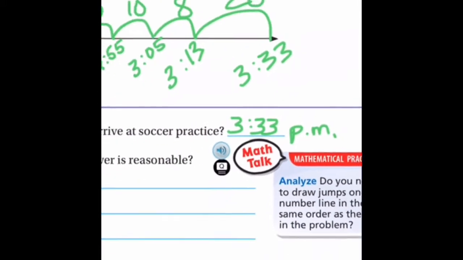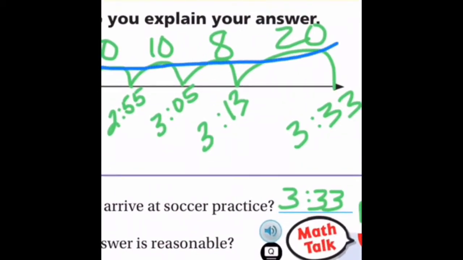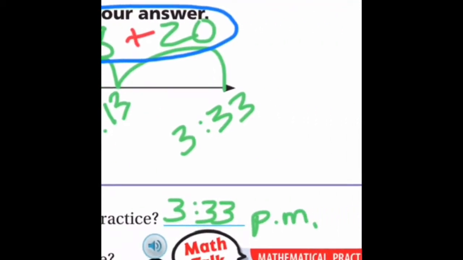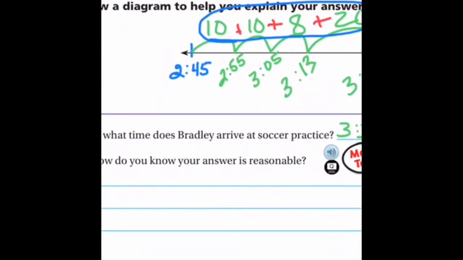Okay, so we know, if we look at all this, it took him this amount of time to get ready from the time he left school. So 10 plus 10 is 20, plus 8 is 28, plus 20 is 48. And the reason that's important, this question here, how do you know your answer is reasonable?